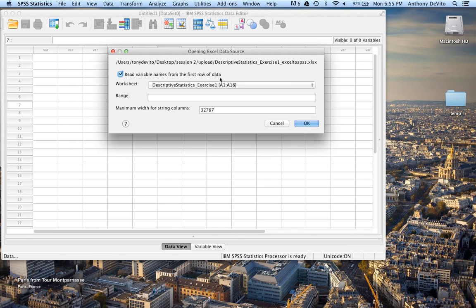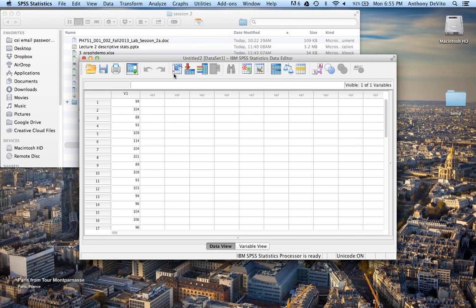Do I have the variable name in the first row? No, I don't. So I want to uncheck that. If I don't uncheck that, it's going to think the first number is the variable name, and then only import 17 numbers. So I uncheck that. But if you did use the first row of data for your variable names in Excel, then you want to leave that checked. I'm going to click OK.